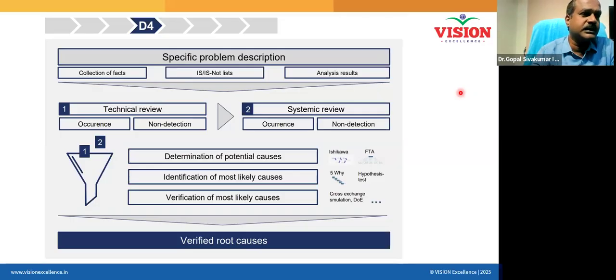You cannot take action, isn't it? Because the machines are costlier, only your management can make such a decision. So those points will be taken up and put up to the management. After doing the technical review, we will be doing a similar exercise with the systemic review. Do you get my point?